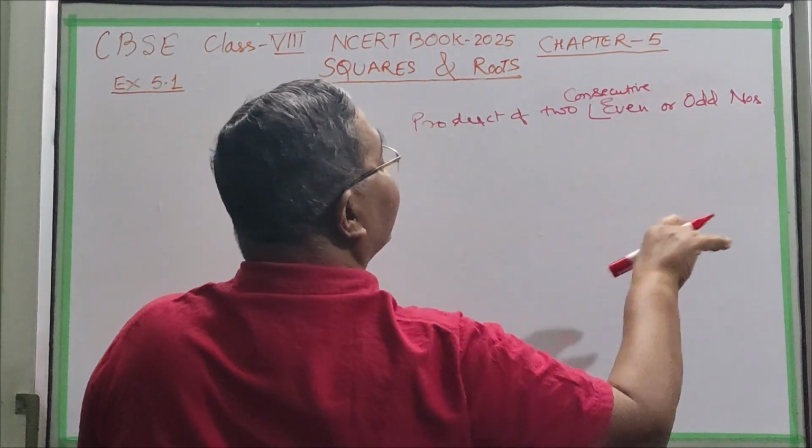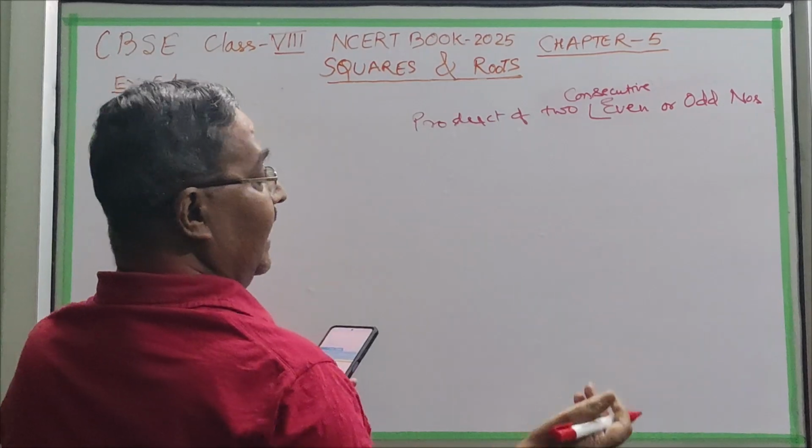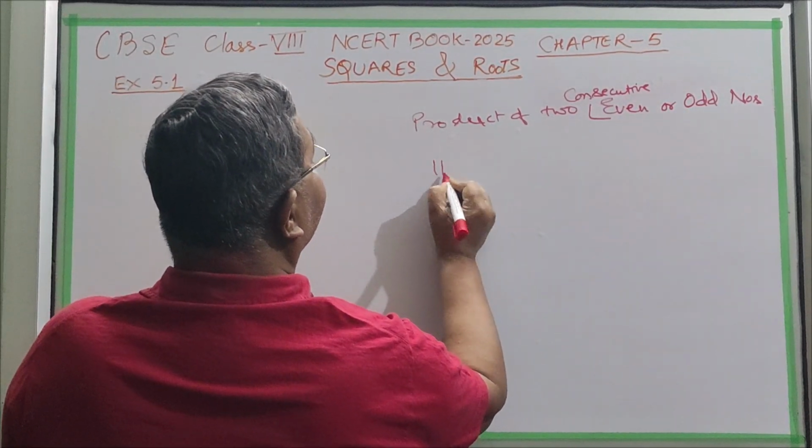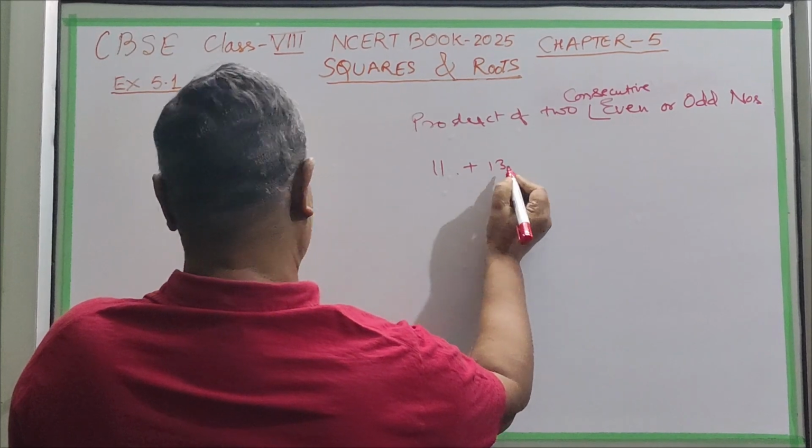Consecutive means like 11 and 13, taking odd numbers.